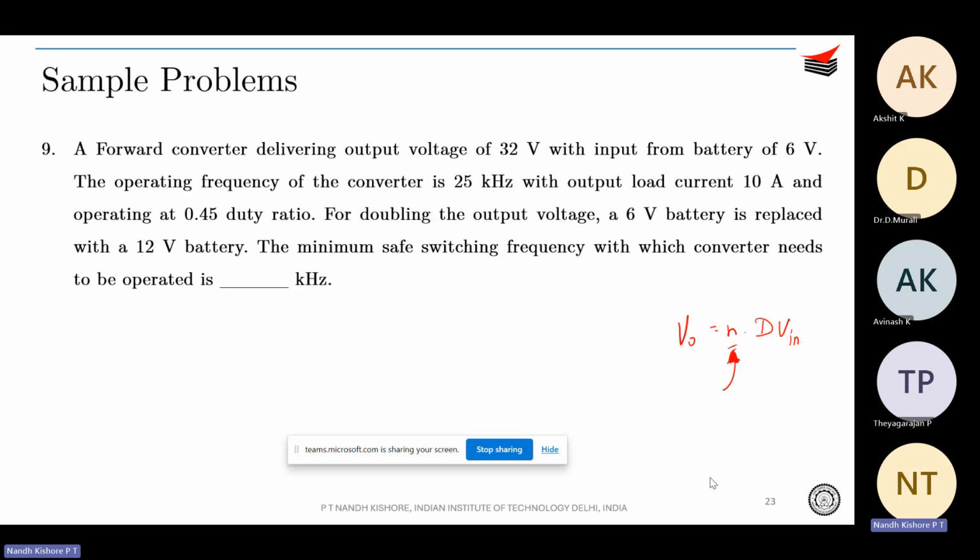So this is something familiar with V by F control. You can apply the same concept over here.